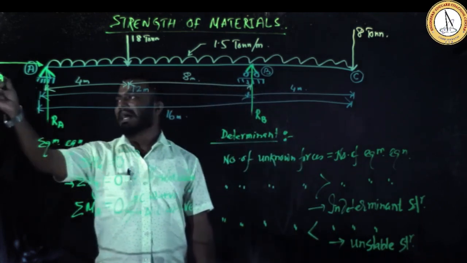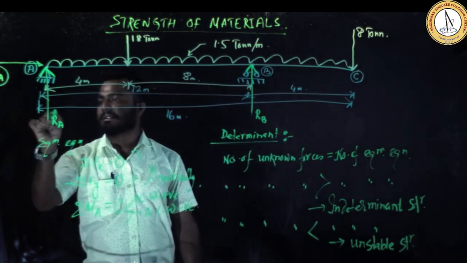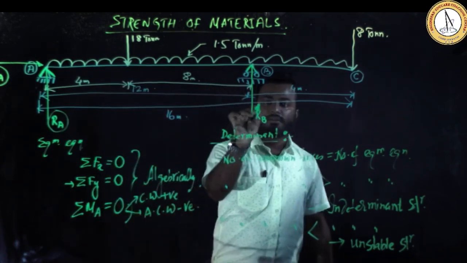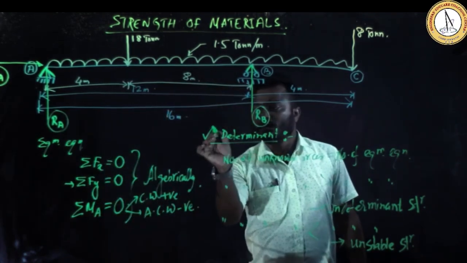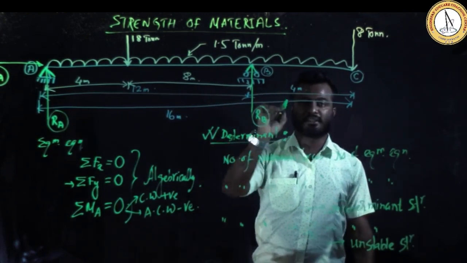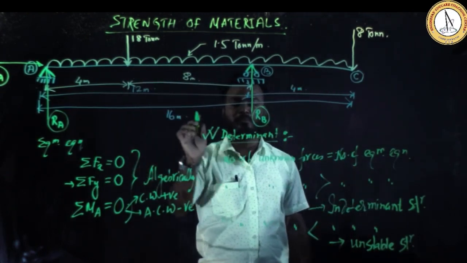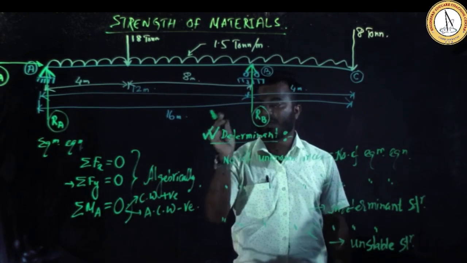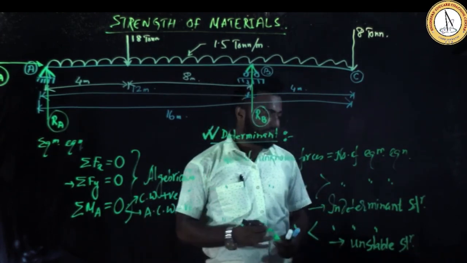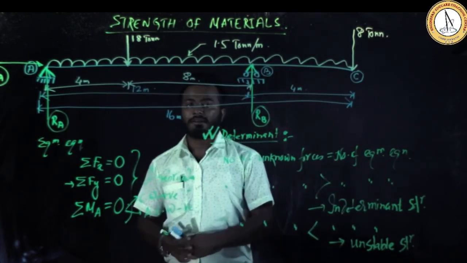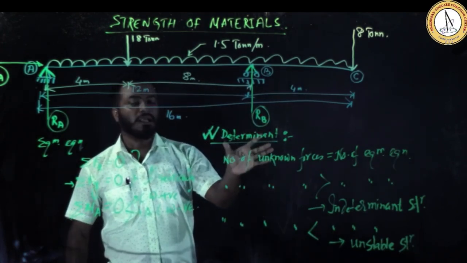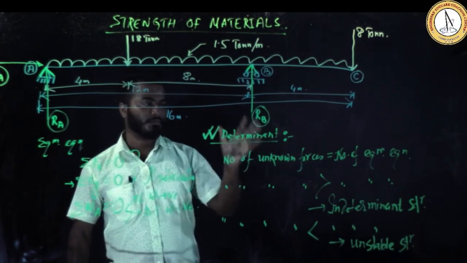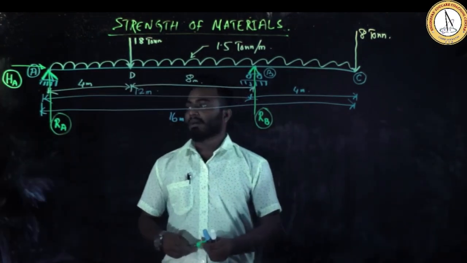Now in this problem, as the number of unknown forces is 3 and I have 3 equilibrium equations, my structure is a determinate structure.